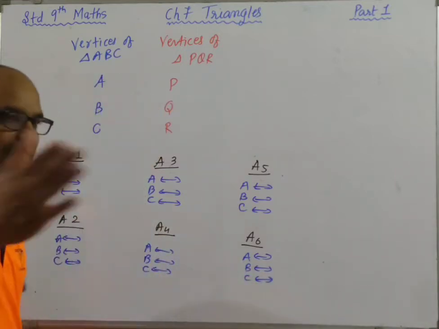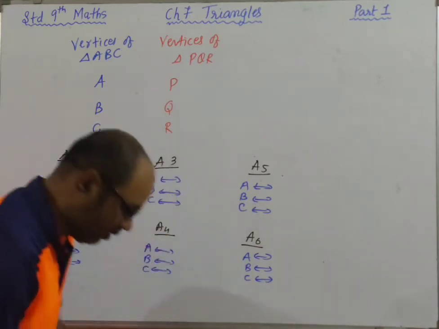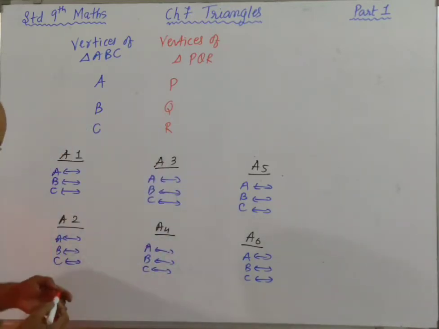Let's see, now very easy. A can associate with P, and not just one time, 2 times.